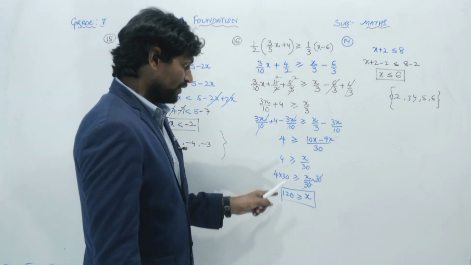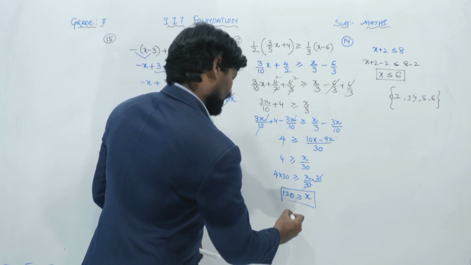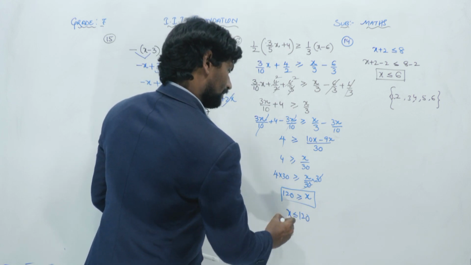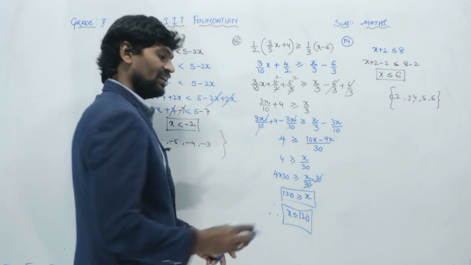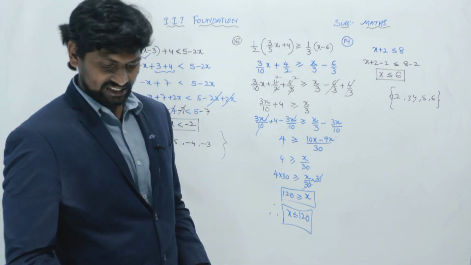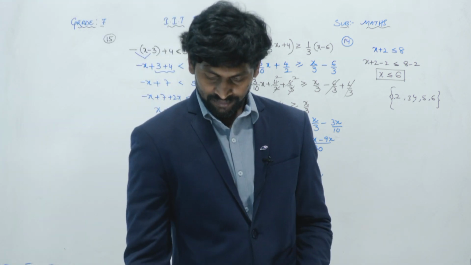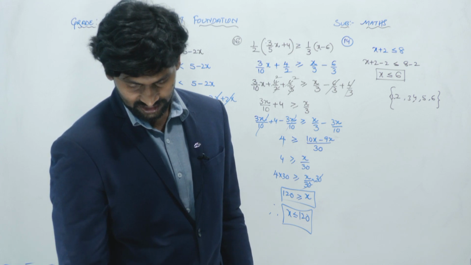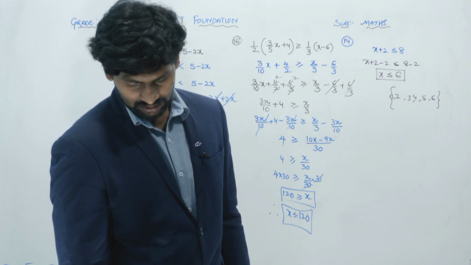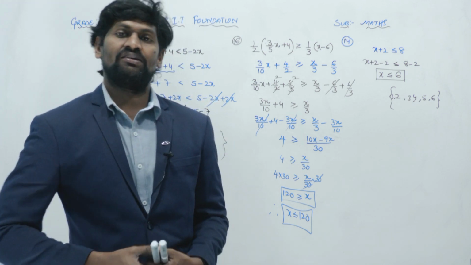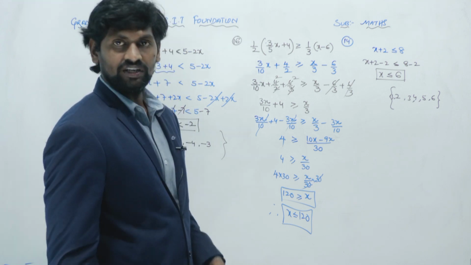Okay? 120 greater than x. That means x less than 120, or less than or equal to 120. So go through the options, the first option is our required answer. Okay.